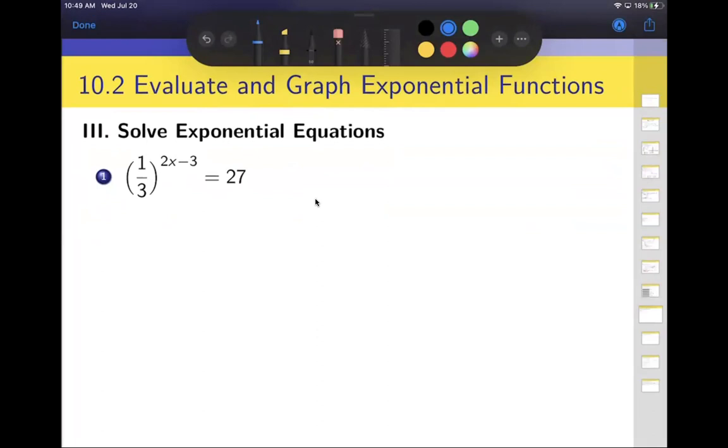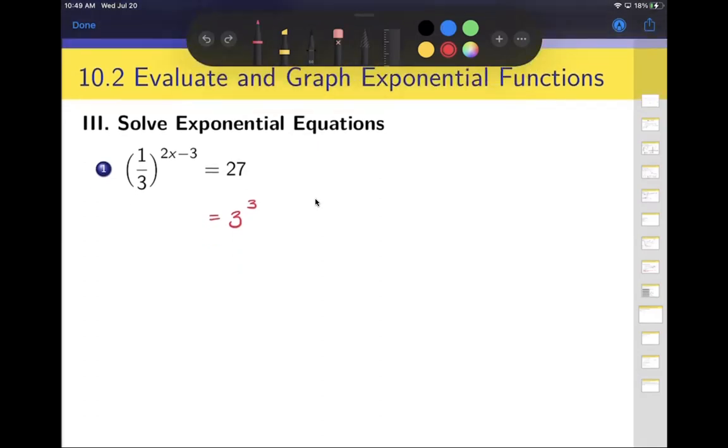Now on the right hand side, I have 27. 1/3 and 27, really? Well, 27, I can rewrite as 3 cubed, right? 3 cubed is 27. But I don't want base 3. I want the base 1/3. How do I do that?